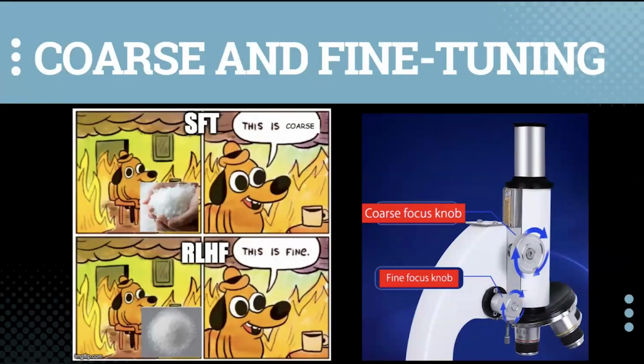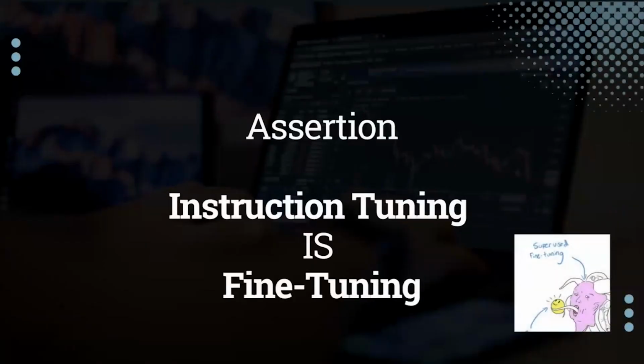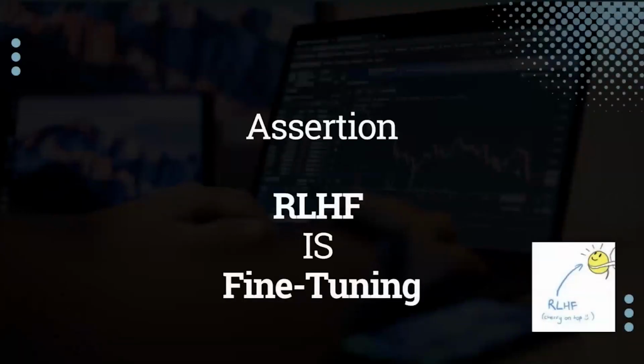Or you could think of kind of zooming in quickly and slowly on your phone. RLHF is sort of just getting extra fine, where we're just really, really dialing in the experience now. We have our boxes drawn, but we're sort of flattening out and smoothing out the edges. And it's important to understand that instruction tuning, it is fine tuning. RLHF, it is fine tuning.